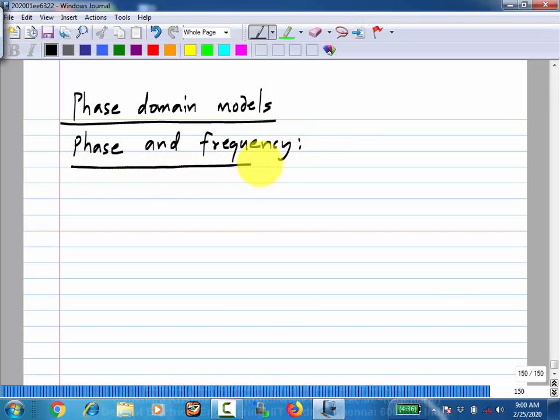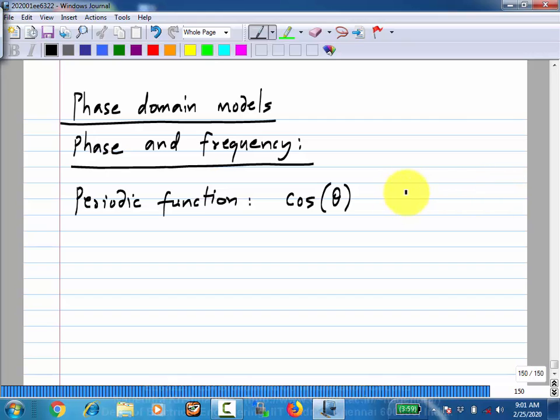First, we will consider periodic functions. Let's say I use this as an example, like cos theta or sin theta, but it can be any function that is periodic with 2 pi. All the arguments that I make now will apply to that in the same way.